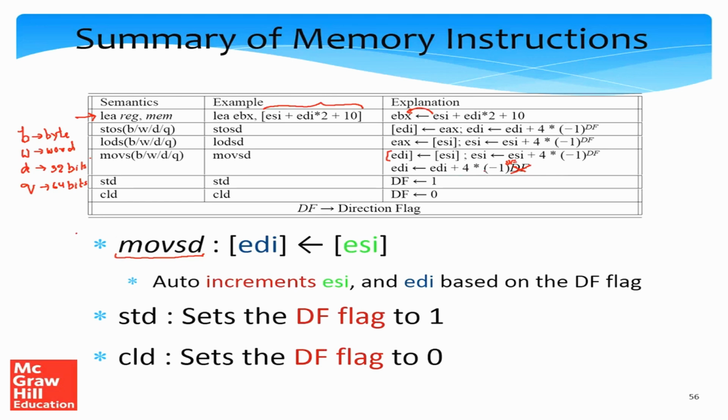We either add 4 to it or subtract 4 from it depending upon the value of the DF flag bit. We have 2 more instructions, STD and CLD. STD sets DF to 1, and CLD, which is like clear D, sets the direction flag to 0, depending upon whether we want to add 4 or subtract 4.